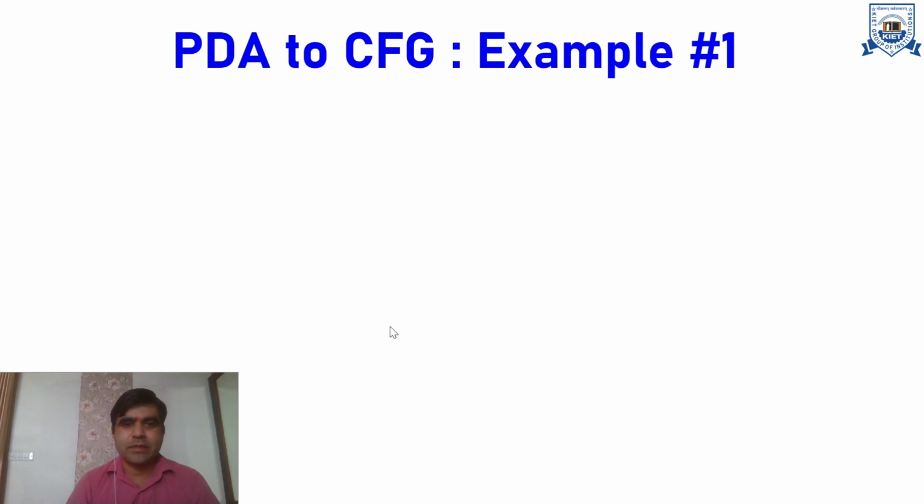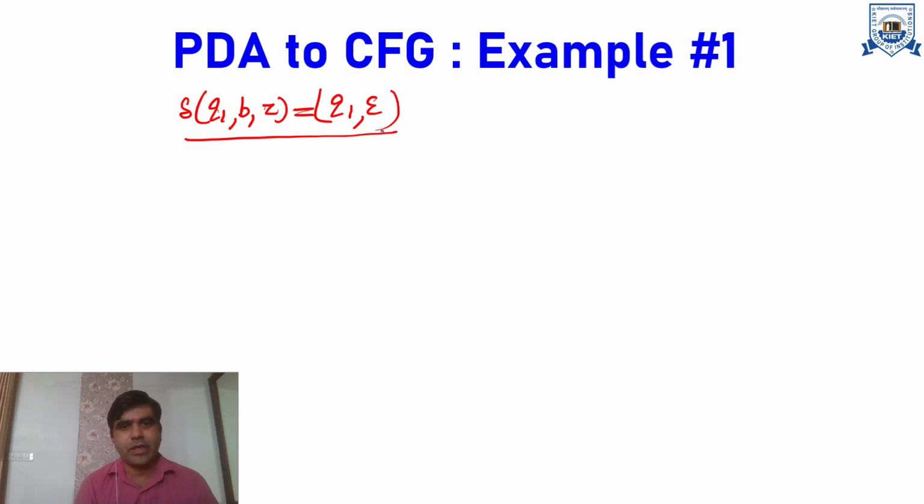So what else is remaining? We have two more transitions of our pushdown automata. One is delta of Q1 comma b comma Z is equal to Q1 comma epsilon. So this is again where we are erasing a symbol.